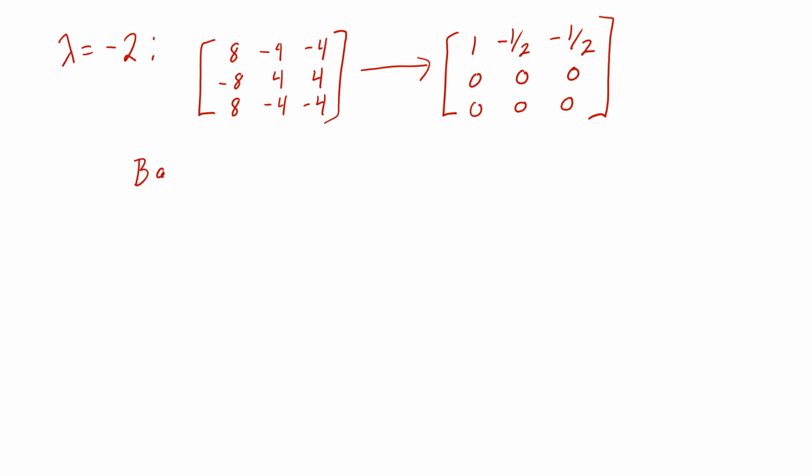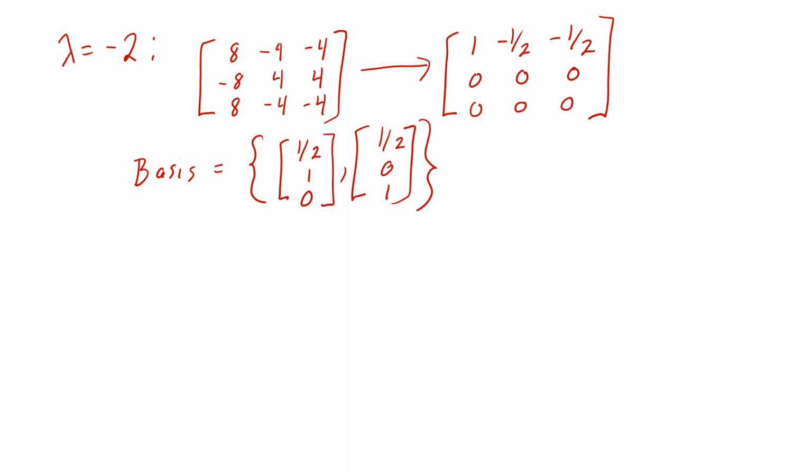In fact, when you work it out, the vectors that make up the basis will be this. That's the vectors that make up the basis. So that means it is diagonalizable. Your first eigenvalue has multiplicity 1. Its eigenspace has dimension 1.